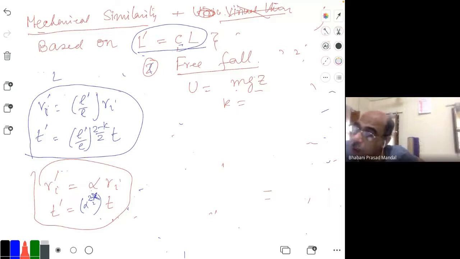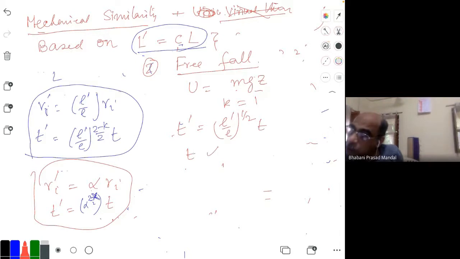So k equal to 1. What will happen? T prime, if I put k equal to 1, is L prime by L to the power 2 minus 1 by 2, that is half, times t. That means t is proportional to root over L. And that is the situation for a free fall. You all know the dynamics of a free fall: the time of fall is proportional to the square root of the length it has fallen.